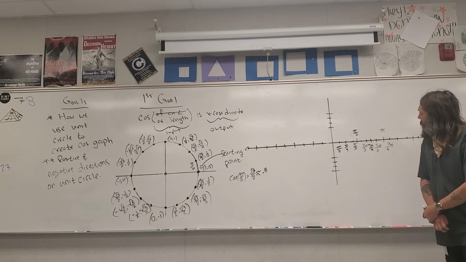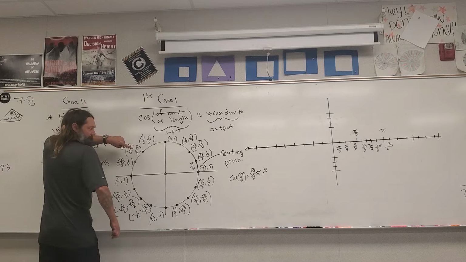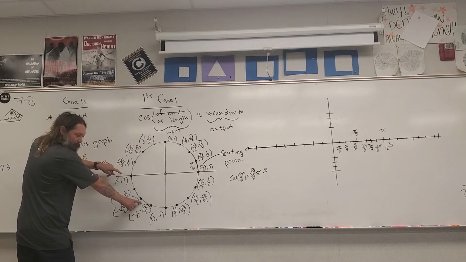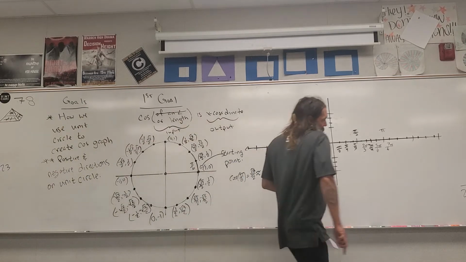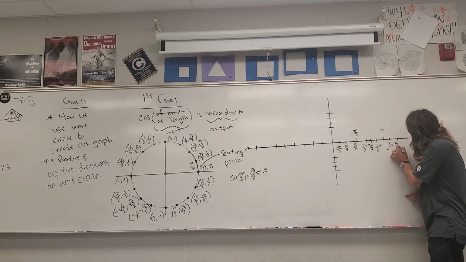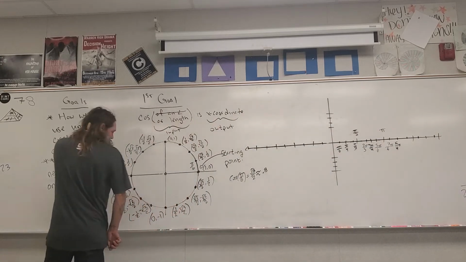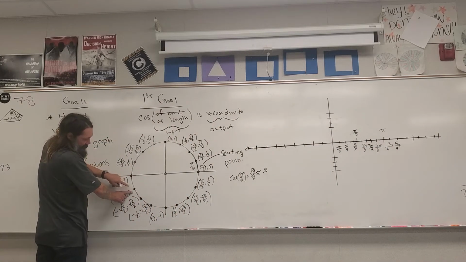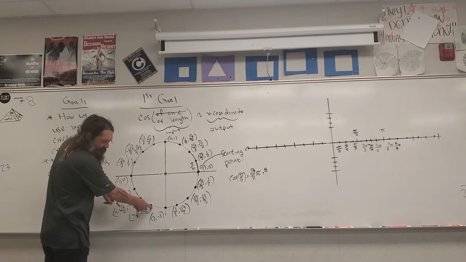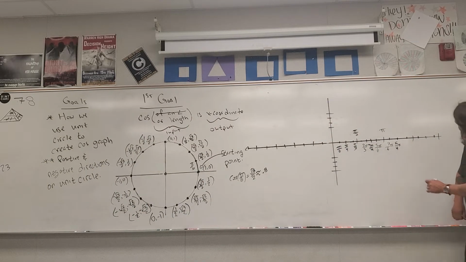And then here we would go to, so that's 1 1/4, so that would be 5/4 pi, right? And then, let's see, I go 5 6, no, 7 6, 8 6. 8 6 would get me to 4/3 pi.